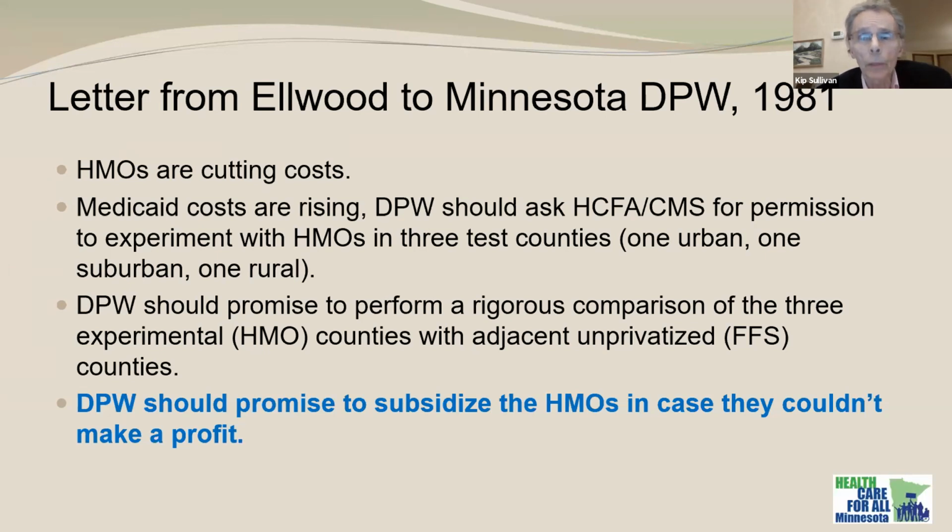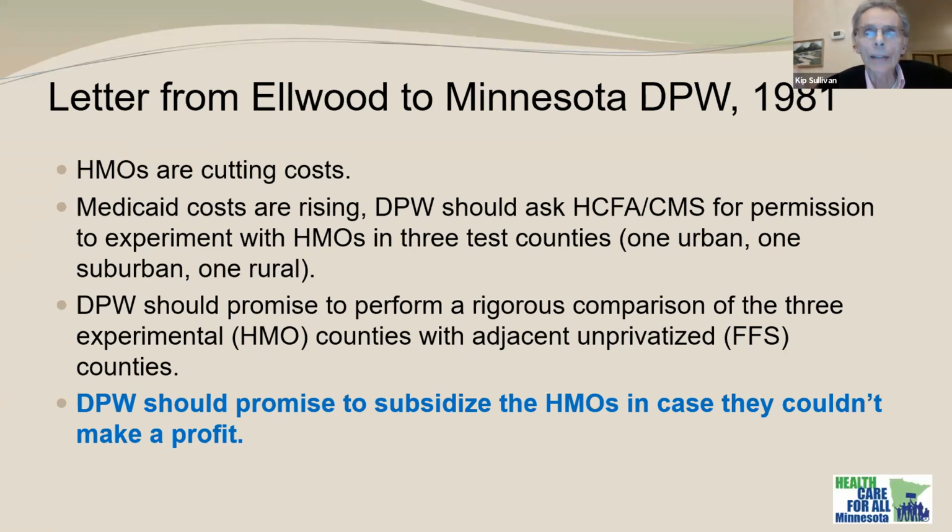We talked briefly about this direct contracting entities scheme that the Trump administration cooked up just before they left office. Ellwood proposed that the DPW compare Medicaid spending in these 3 counties with Medicaid spending in adjacent counties that would remain unprivatized. And he proposed that the demonstration run over a 3-year period.